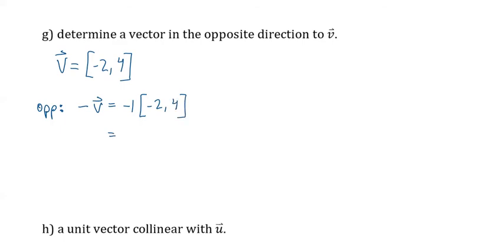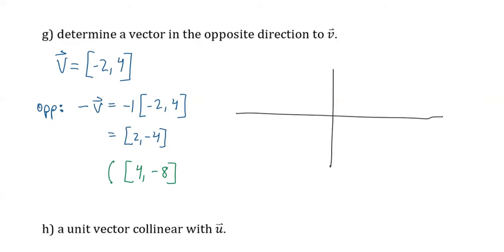So what does this look like? Where's negative 2, 4? Negative 2, 4 is here. So some people think, what about 4, negative 2? Where's 4, negative 2? 4, negative 2 is there. Not opposite.